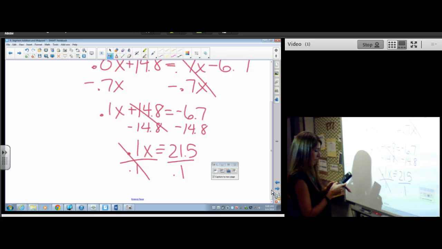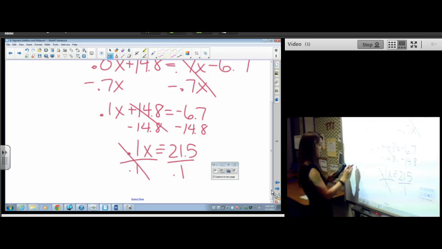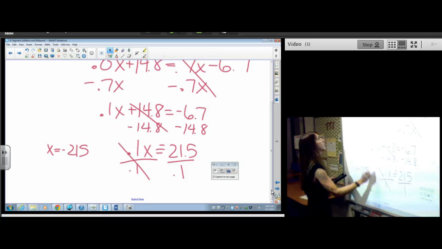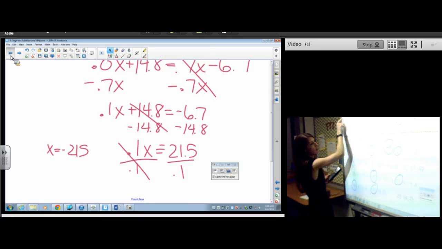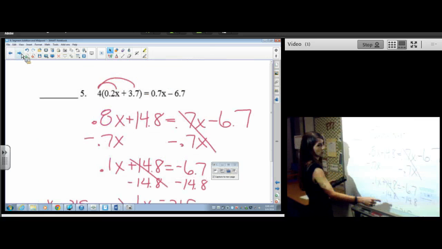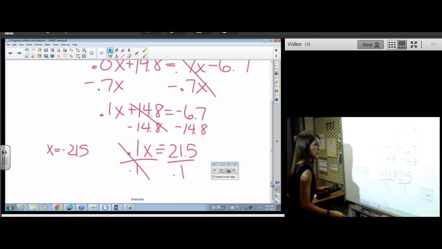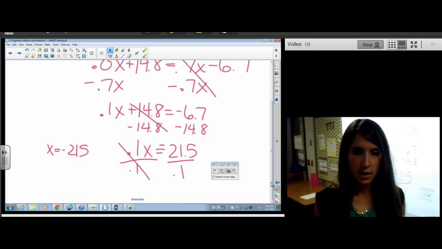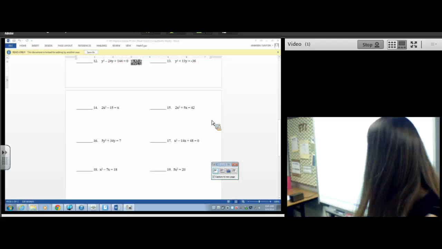So negative 21.5 divided by 0.1. Wow, look at that. Is it negative? Yep, negative 215. Perfect. Negative 215. The calculator did the brunt of the work there.